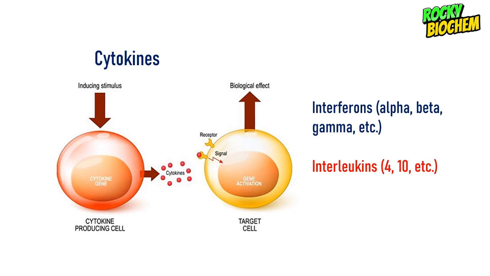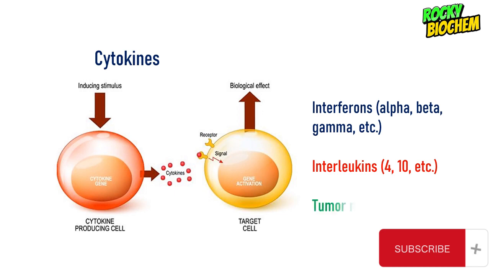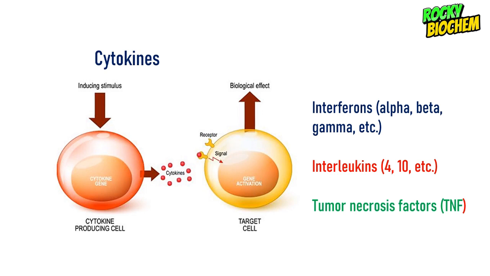So by so doing, the microorganisms will be deprived of iron, and then their growth will be inhibited. We also have tumor necrosis factors that have the ability to release or activate other protective biochemicals that either destroy bacteria or even kill cancer cells.